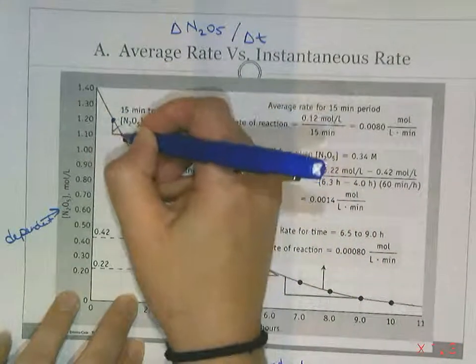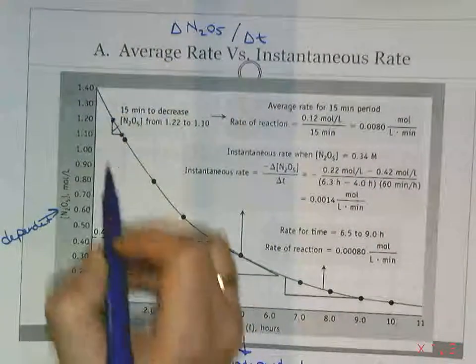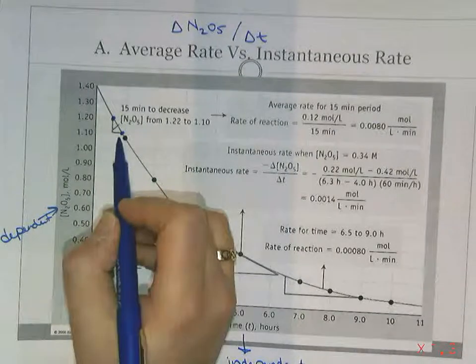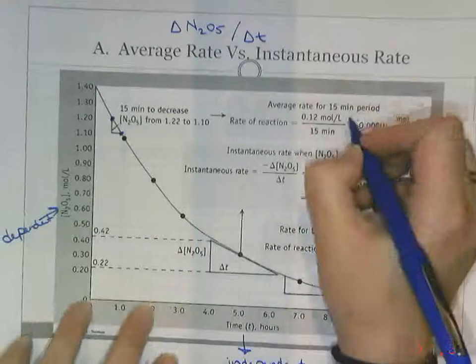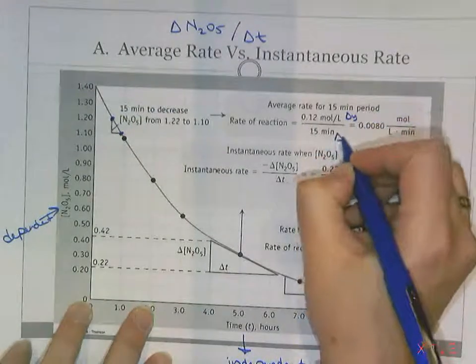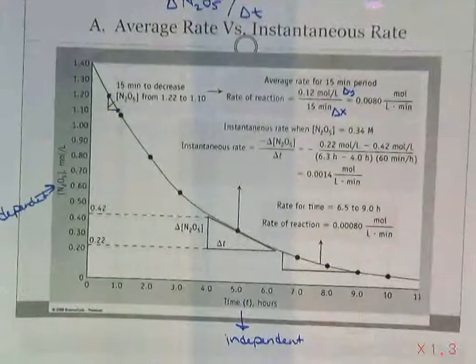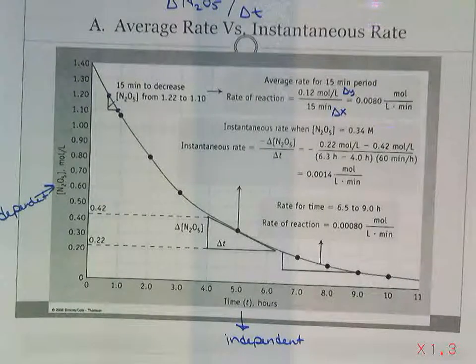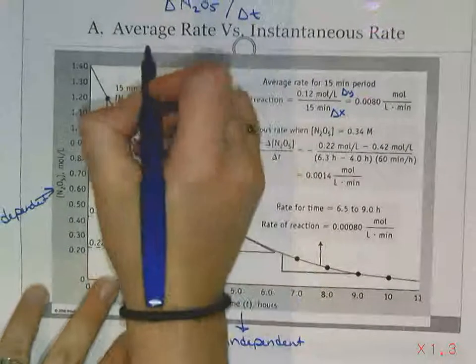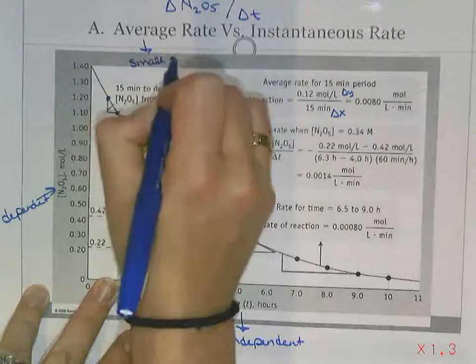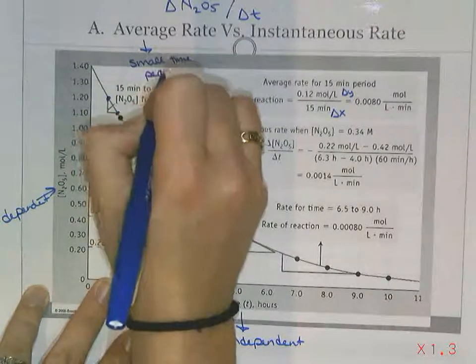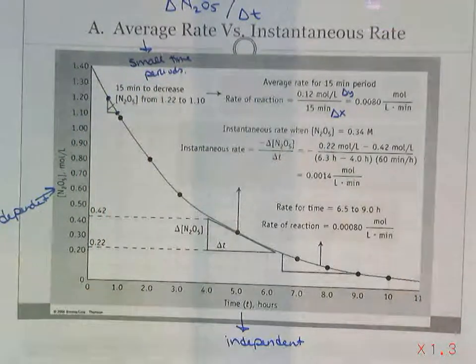That's change in Y, change in concentration, over a change in X, which is time. Delta Y over delta X. Change in concentration over change in time will give you an average over that little time period. So average rate is looking at small time periods. This is just the intro. We're going to spend a lot more time talking about average versus instantaneous.